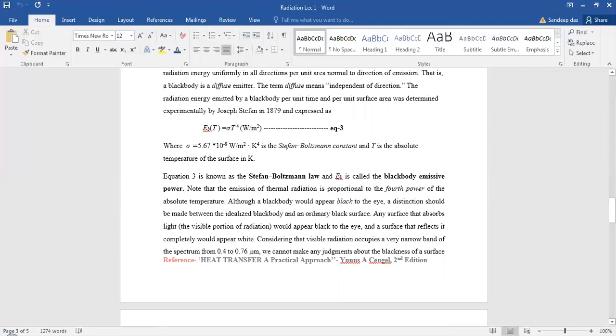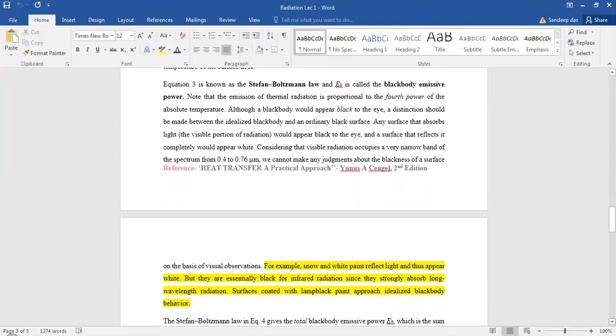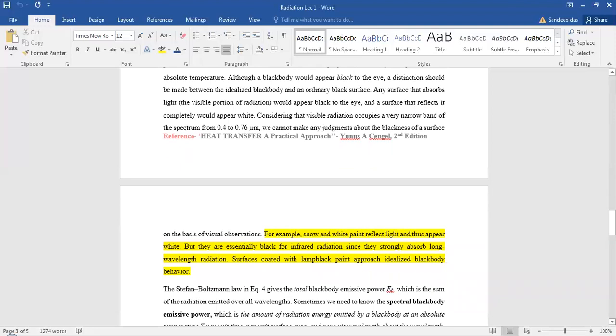Then we can take charcoal as a reference. Charcoal can be referred to as an idealized blackbody behavior. That is, a surface coated with lamp black paint approaches idealized blackbody behavior.